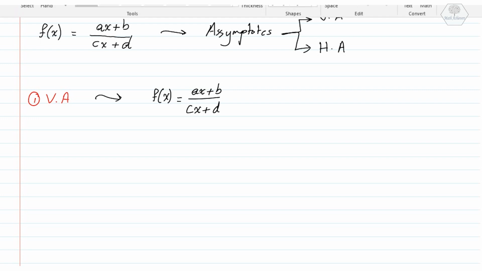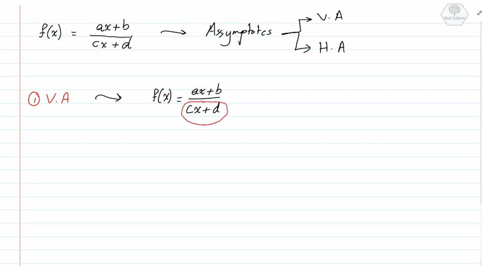I need to find the value of x that makes the denominator 0, so I make cx plus d equal to 0. The vertical asymptote is x equals minus d over c. This is my vertical asymptote.